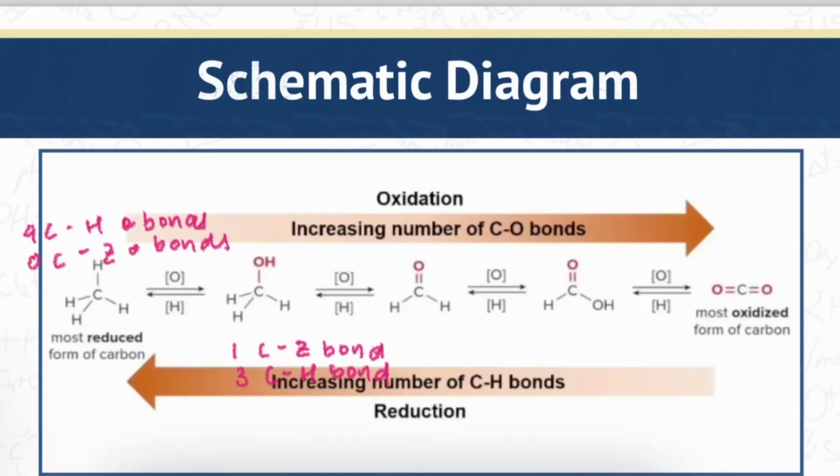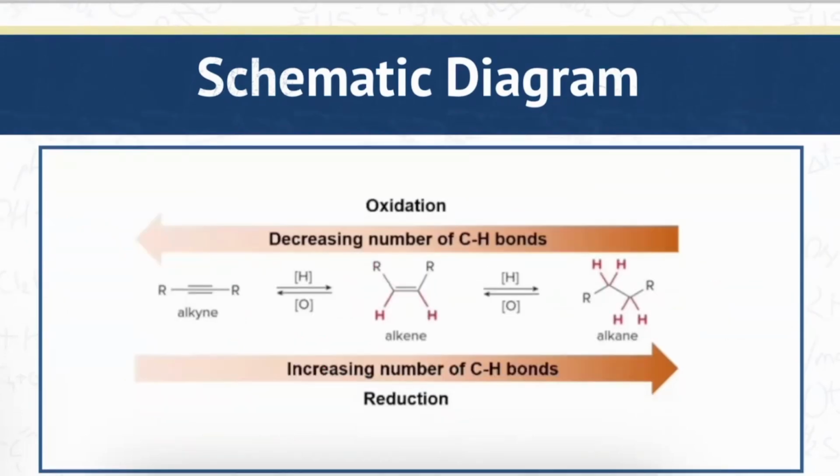Carbon dioxide is reduced to a carboxylic acid, which is then reduced to an aldehyde, followed by reduction to an alcohol, and finally back to methane. So as we move from right to left in this sequence, we can clearly observe an increase in carbon-hydrogen bonds, and this indicates a reduction reaction.